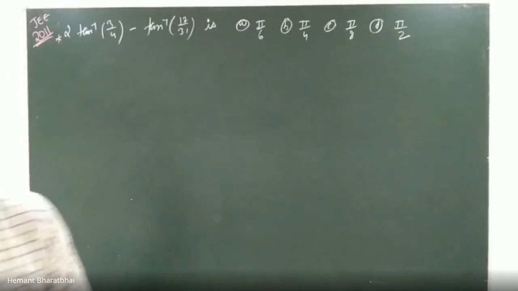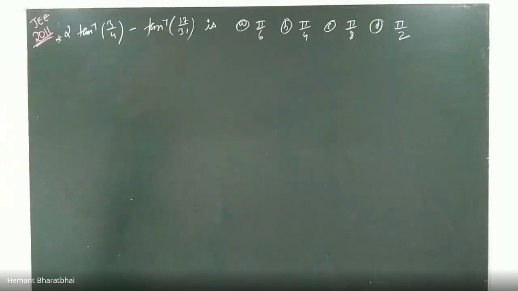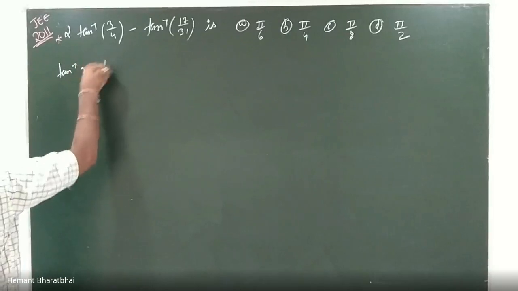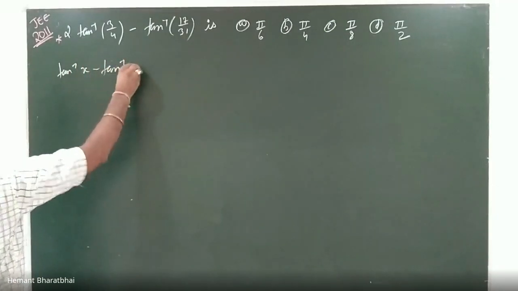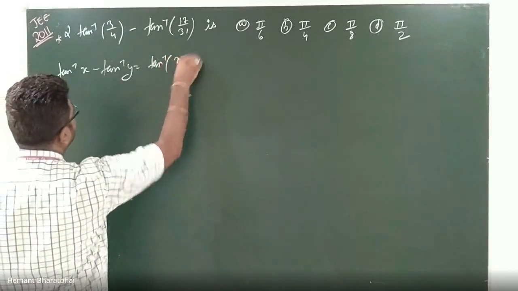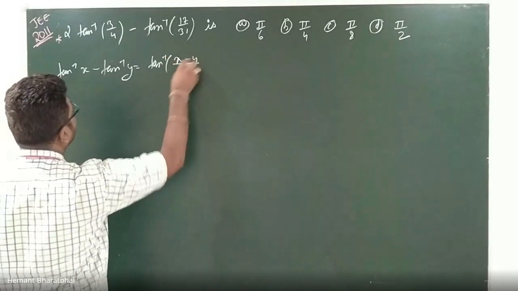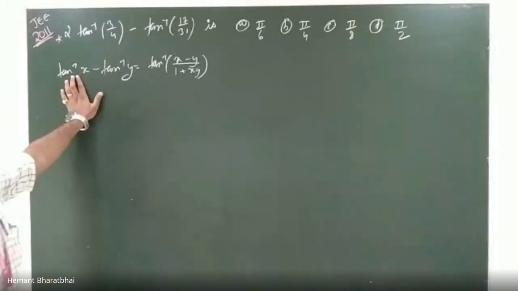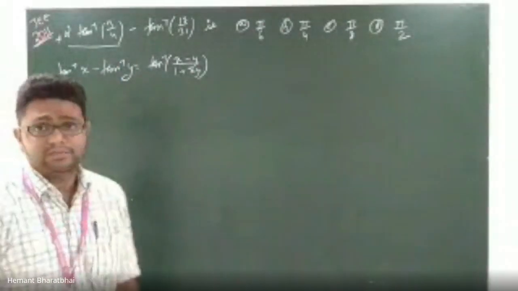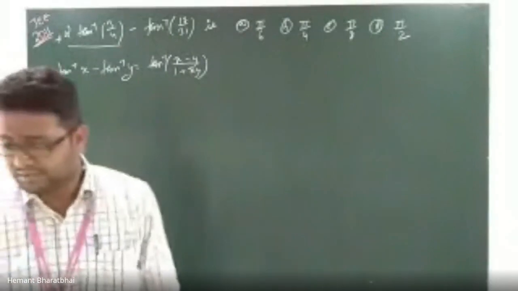So now you cannot directly apply the formula. We have one formula for tan inverse of x minus tan inverse of y, which is nothing but tan inverse of x minus y upon 1 plus xy. But we can apply this formula when I have tan inverse of x minus tan inverse of y. But if I see over here, I don't have tan inverse of x. Instead, I have 2 tan inverse of 3 by 4. Then how should I do this?